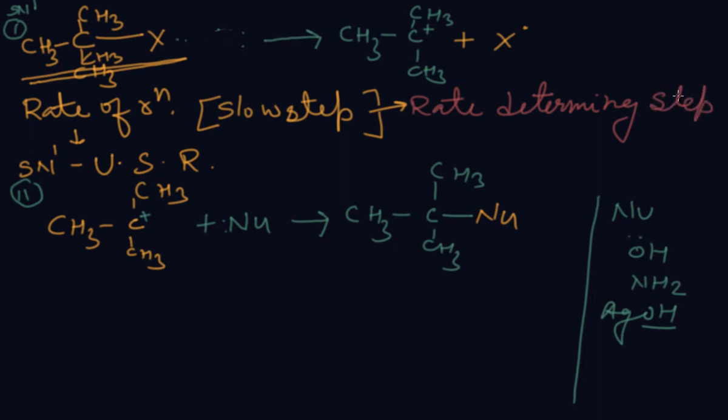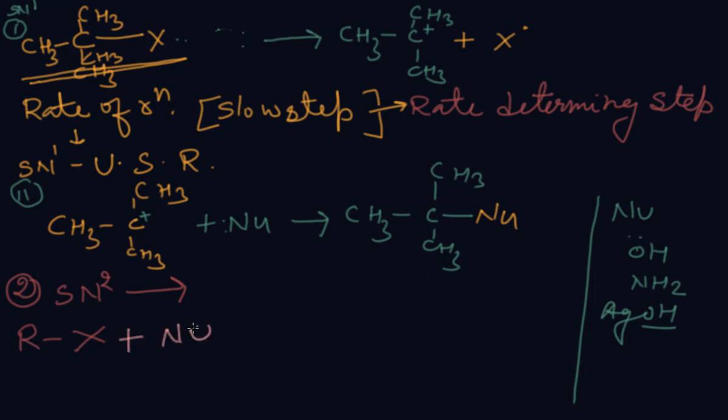Now we will come to understand what SN2 is. In the SN2 reaction, suppose I take only RX. R is what? Alkyl group: methyl, ethyl, propyl, butyl, and RX reacts with the nucleophile.